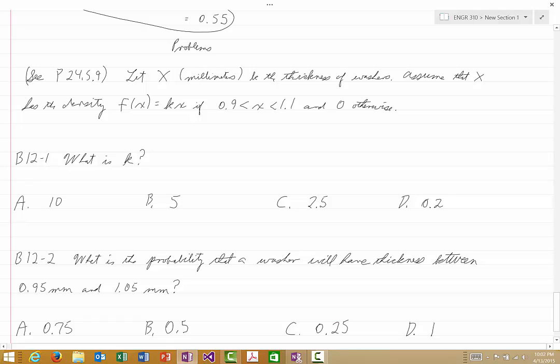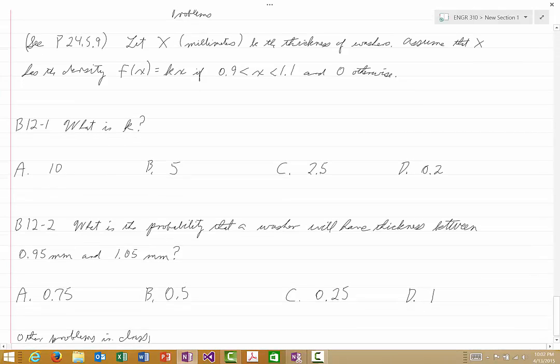And so question B12-1 asks what is k, and the choices are A 10, B 5, C 2.5, and D 0.2. And the second question, B12-2, is what is the probability that a washer will have a thickness between 0.95 millimeters and 1.05 millimeters?